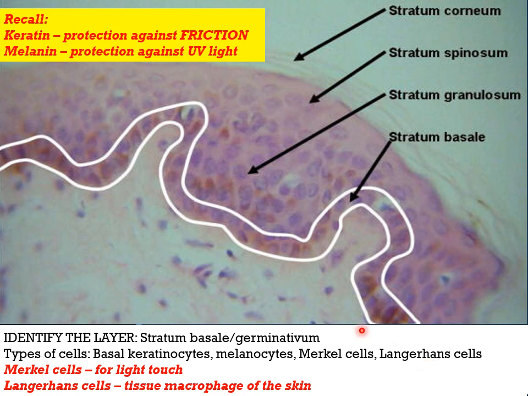And now, for the skin, Langerhans. And recall din natin ulit, ano ba yung mga roles ng tissue macrophages natin? It is for the phagocytosis of foreign substances and for antigen presentation. Kaya it is also called antigen presenting cells or APC.